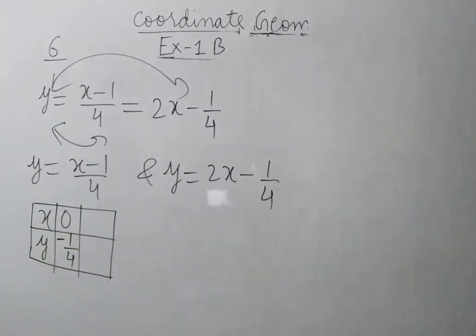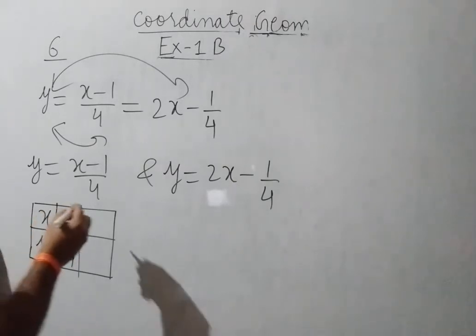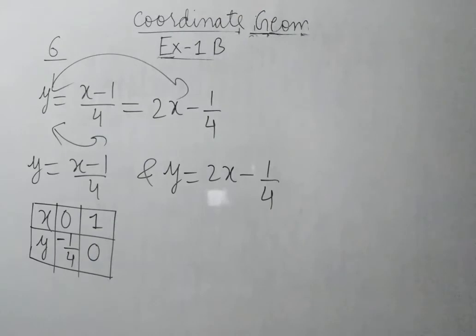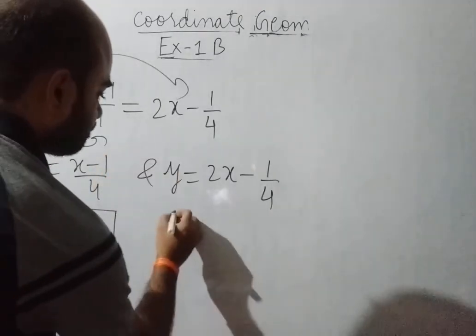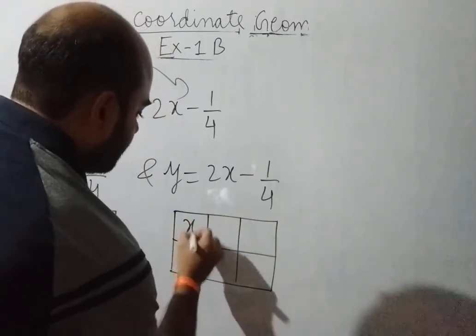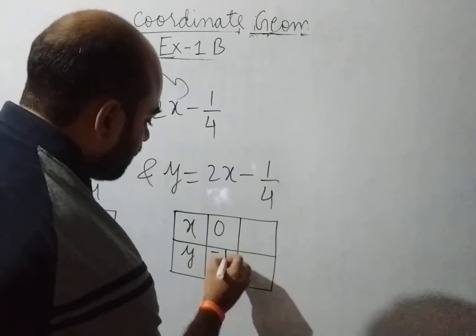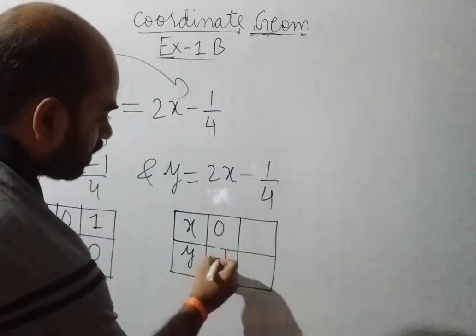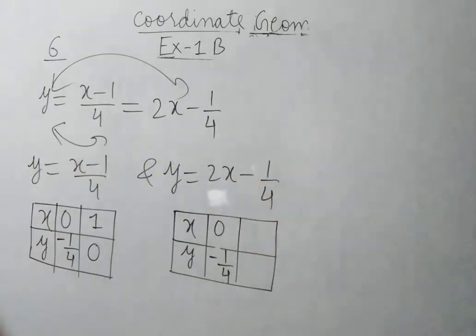And if x is 1, then y will be 0. Correct? Next, for this also, if you take x 0, again y will be minus 1 upon 4. Correct?